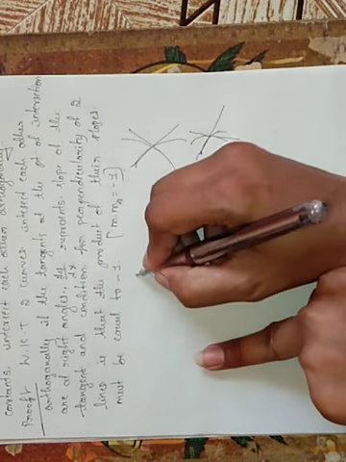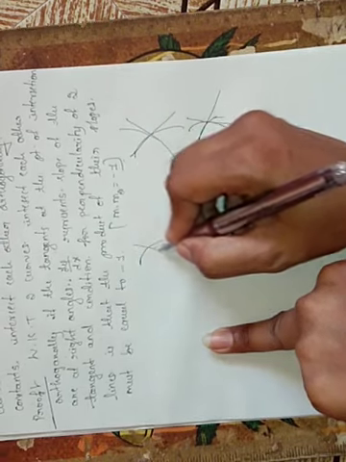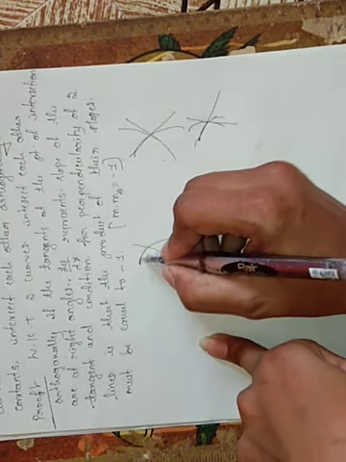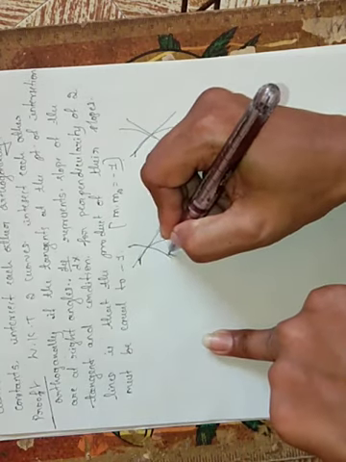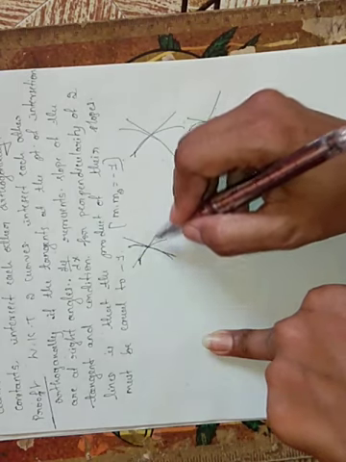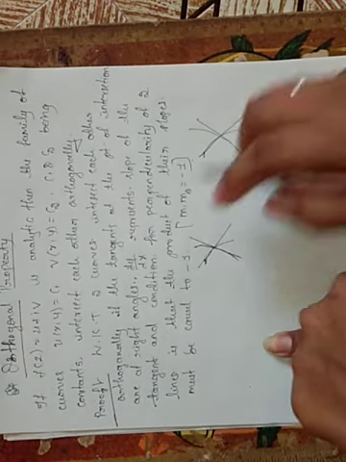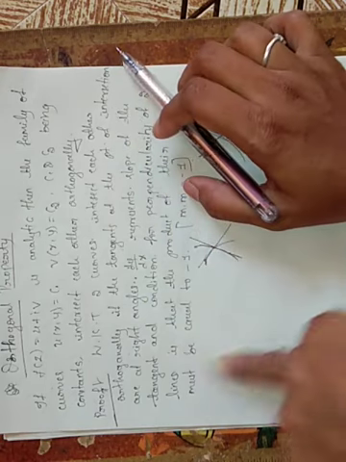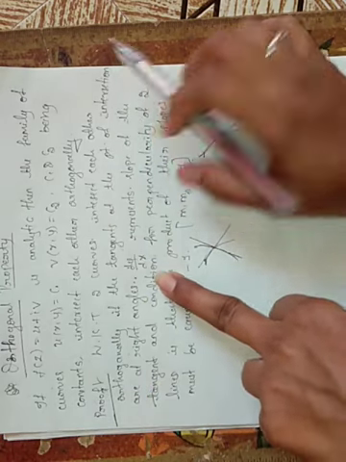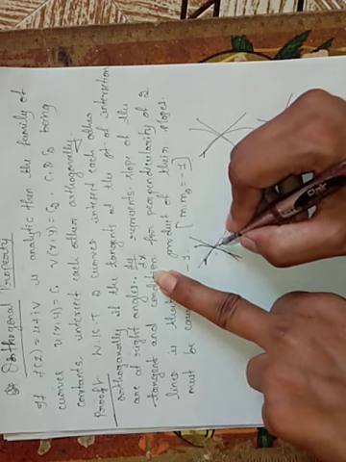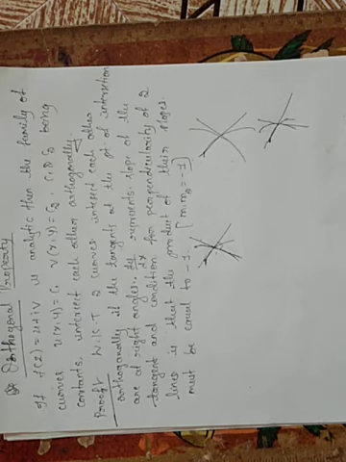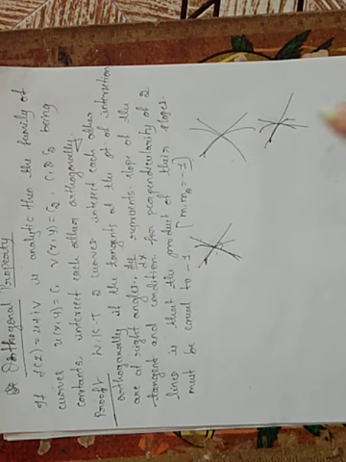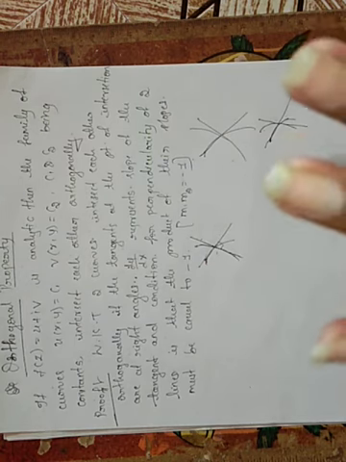If the two curves intersect, then you draw the tangent to this curve and also to that curve, and the angle between the tangents, if it is a right angle, is the condition of orthogonality. That topic you have already studied in your previous years, in PU level and also in your first semester.